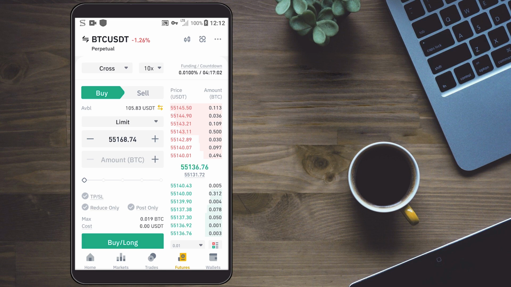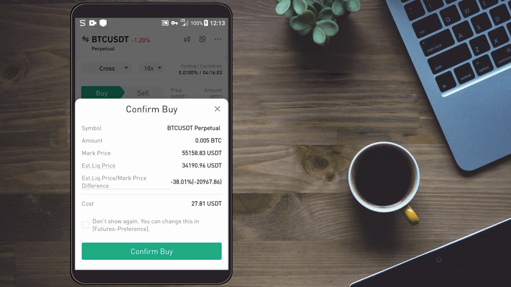We want to place a market order. Let's select market, and for the amount, let's buy 0.005 Bitcoin. Here it shows how much it costs, 27 USDT. It's actually the margin that Binance takes. Let's touch buy long. It wants us to confirm the order.